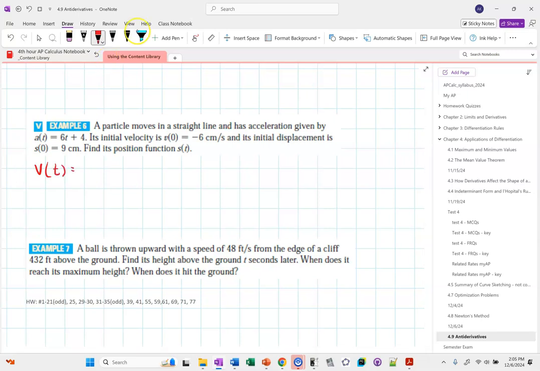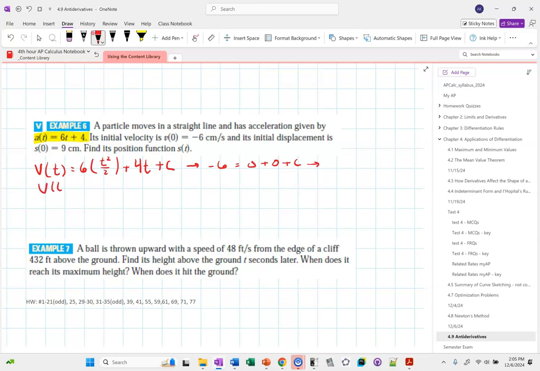So if I'm looking at acceleration to start with, the antiderivative of 6t is just going to be 3t squared, and the antiderivative of 4 is just going to be 4t. We have a plus c on the end. Now if I know that v of 0 is -6, that tells me that the c is just -6.